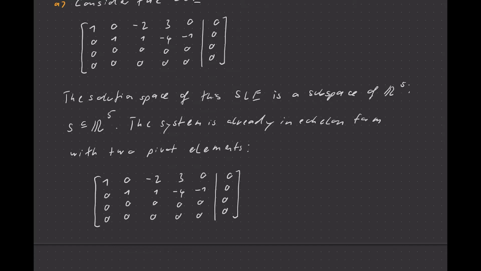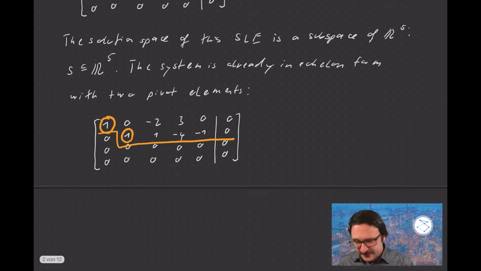And then I can show you the pivot elements here. Here's the first pivot in the first row that has a pivot element. And here's one in the second row. The other 2 rows are 0 rows, so there's no pivot element in there. Right? And this is our echelon form. So you can see the staircases here. We have 2 pivot elements.